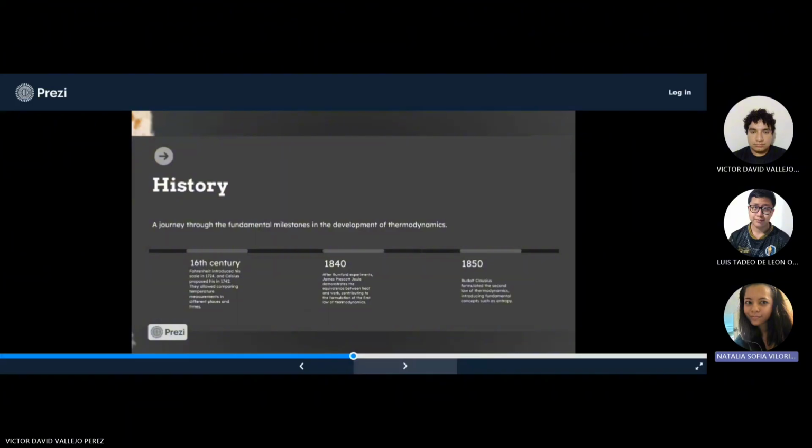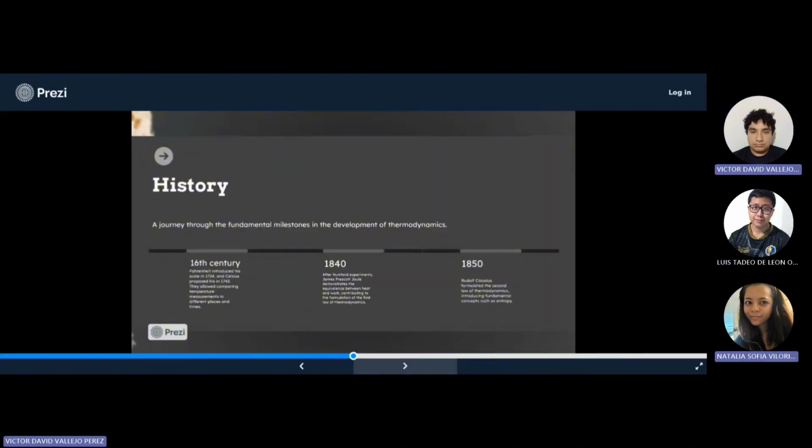Tell me, Victor, do you know what Rumford discovered? Well, Rumford observed that when drilling cannons, a large amount of heat was produced constantly, which suggested that heat was not a substance, but a form of energy.